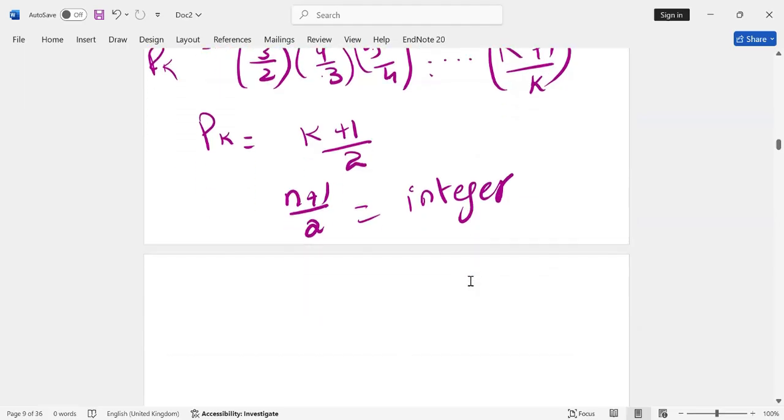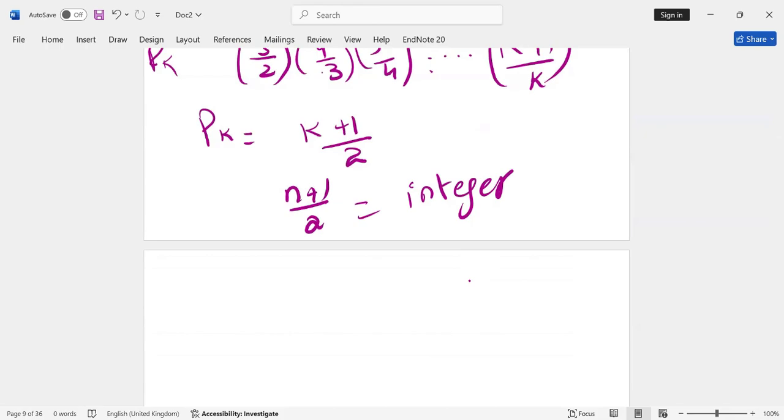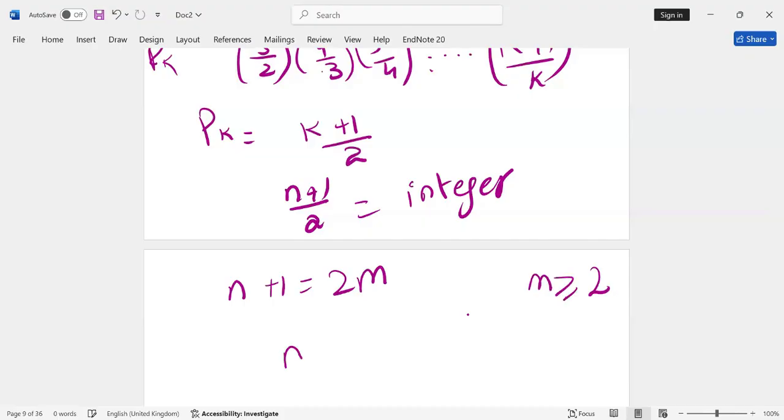So the numerator n + 1 must be divisible by 2, meaning n + 1 must be an even number. So n + 1 equals 2m for some integer m ≥ 2, and n equals 2m − 1.